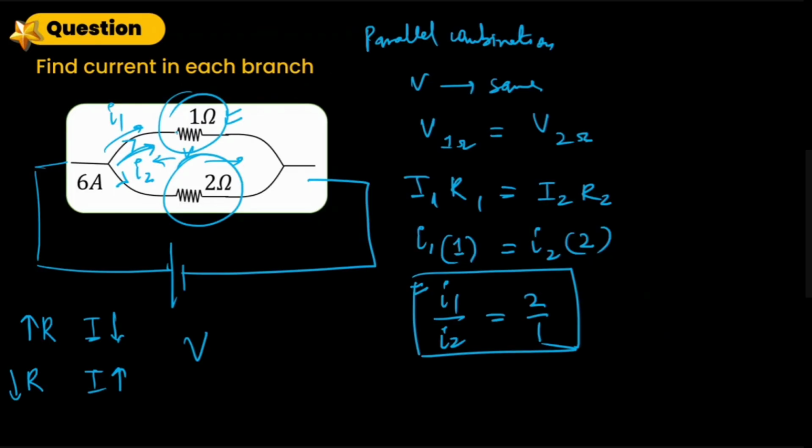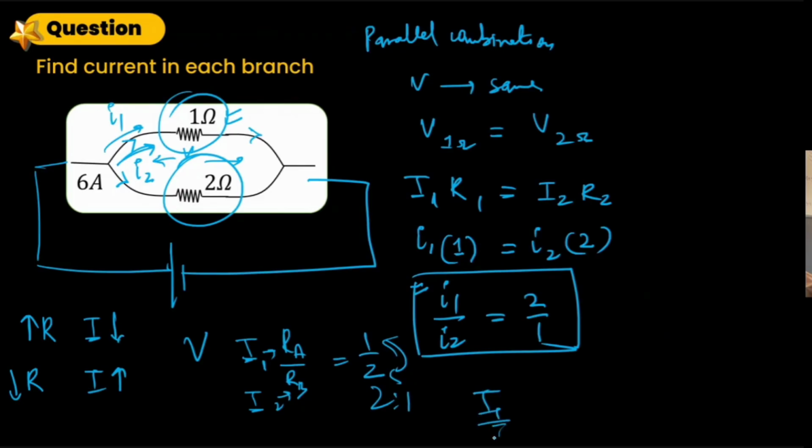And in order to find it, whatever amount of current is flowing through both the wires must be inversely proportional to the ratio of their resistances. So resistance RA by RB is 1 is to 2. So more current will pass through A and less current will pass through B, in the opposite ratio of the resistances, like 2 is to 1. So I1 by I2 would be 2 is to 1.